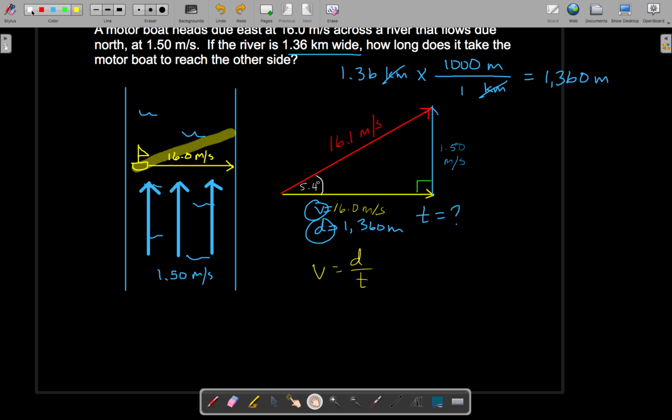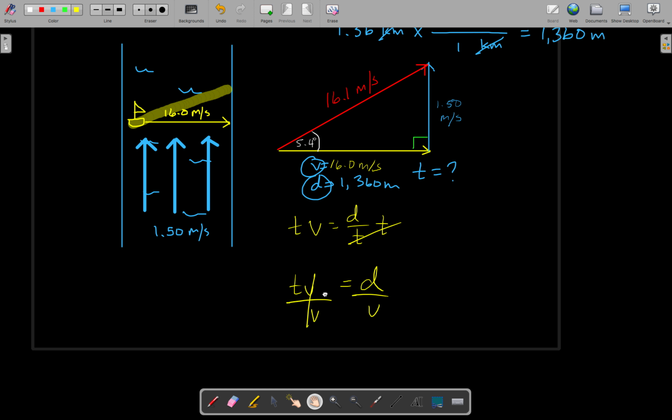The first thing I'm going to do is take the time and multiply it on both sides, so that the time will be in the numerator. So now we get this: time multiplied by velocity equals distance. Now that it's in the numerator, we have to make sure it's isolated, so we got to move the v to the other side. To do that, I divide by v on both sides, so that will cancel out.